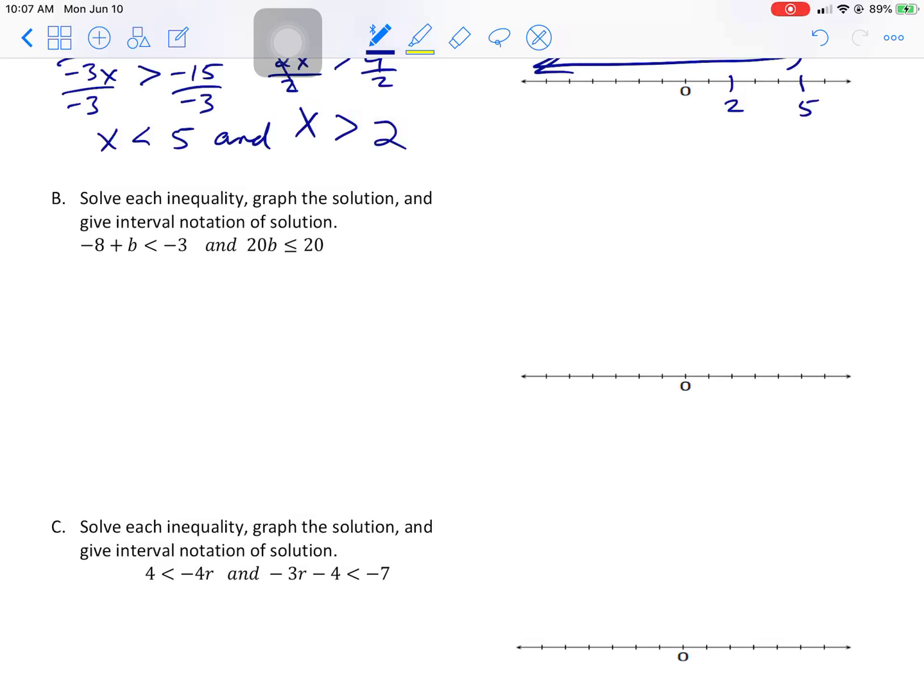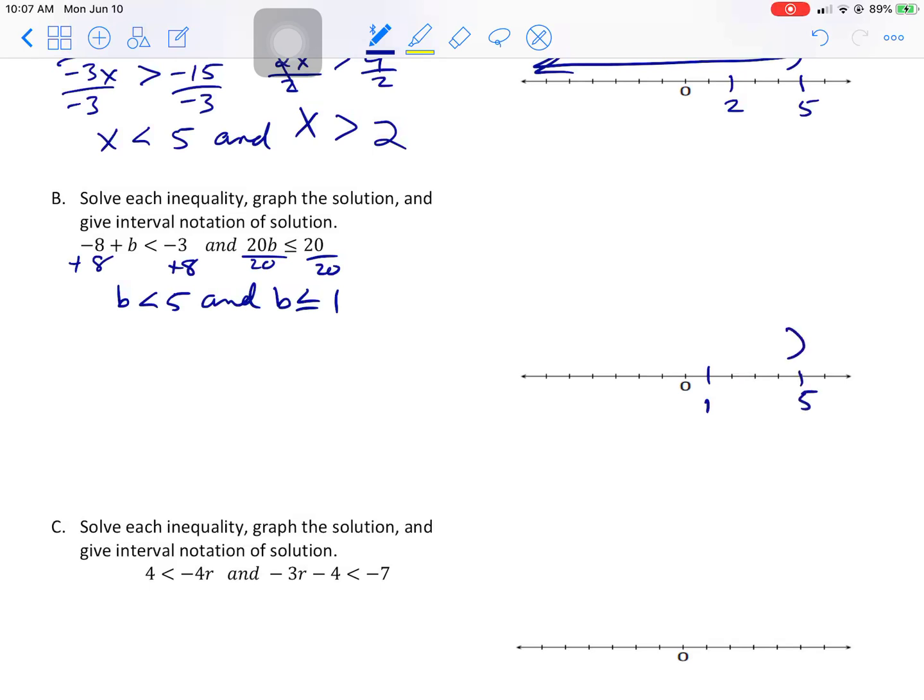All right, so the next one, quickie math here. Neither of them is dividing by a negative, so we are not flipping anything. So here's a 1, 2, 3, 4, 5.